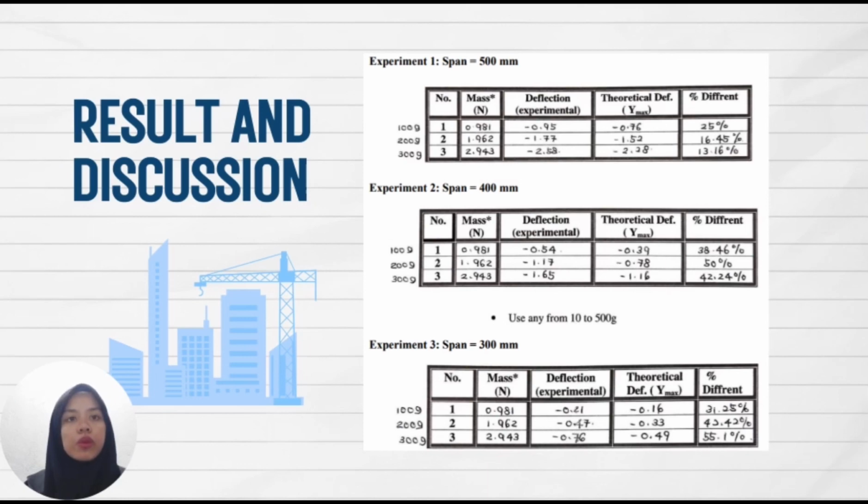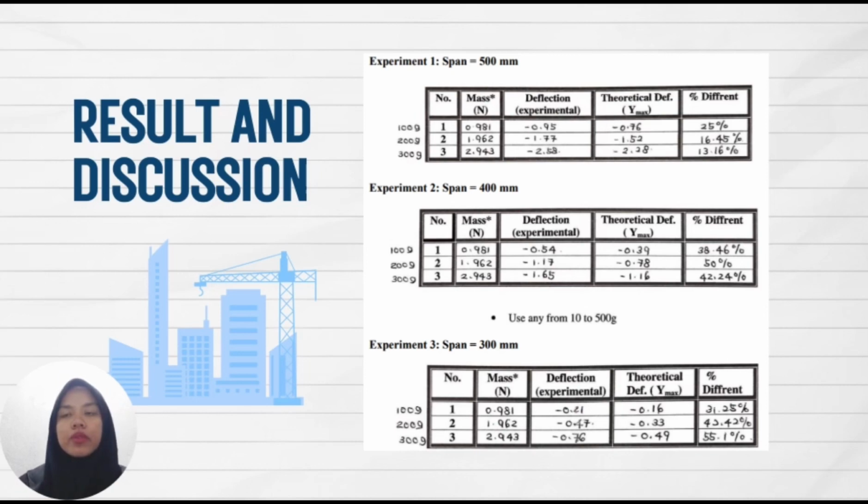In experiment 2 with 400 millimeters span, for the first load we obtained 38.46% lower than theoretical. In the second load, we achieved 50%, and the last one is 42.24% lower than theoretical.